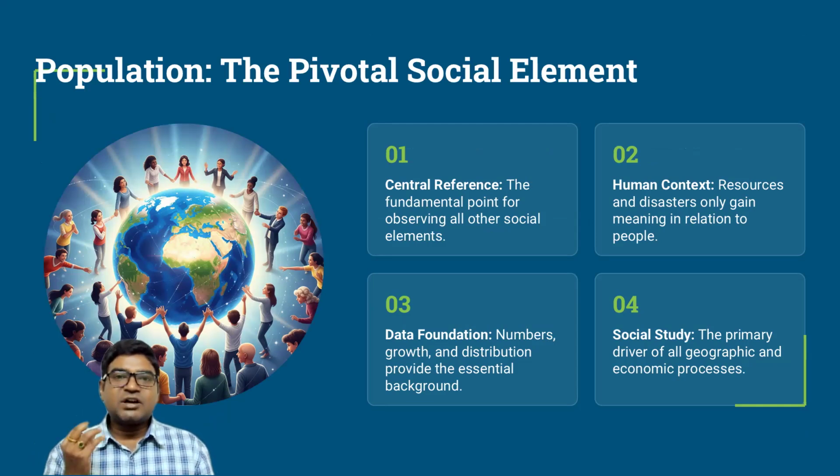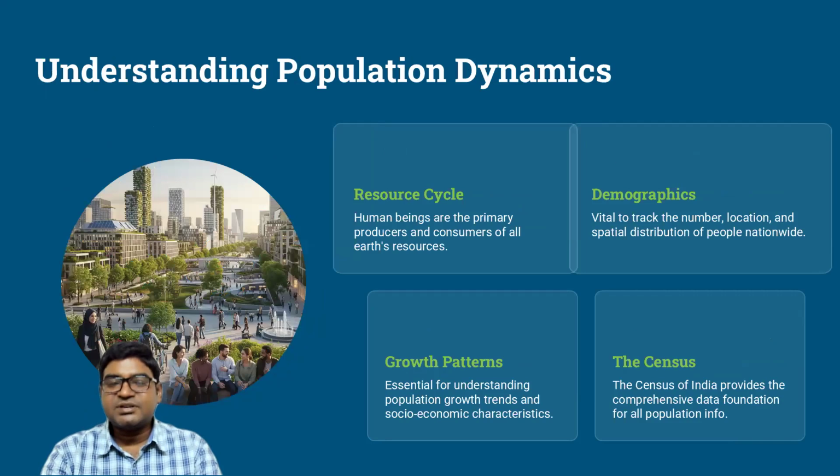The numbers, the growth and the distribution provide the essential feedback and background. The primary driver of all geographic and economic processes is the population. So it is very crucial to understand the importance of population and population dynamics.